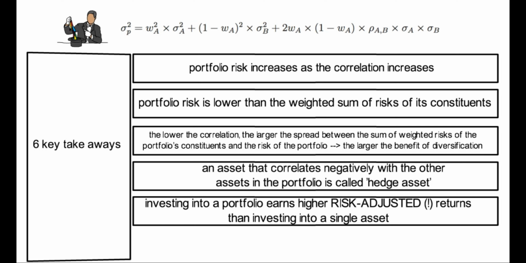That holds because the portfolio's expected return is a weighted average of the expected returns of all constituents. But the volatility of the portfolio return is lower than the weighted average of the volatility of all constituents.